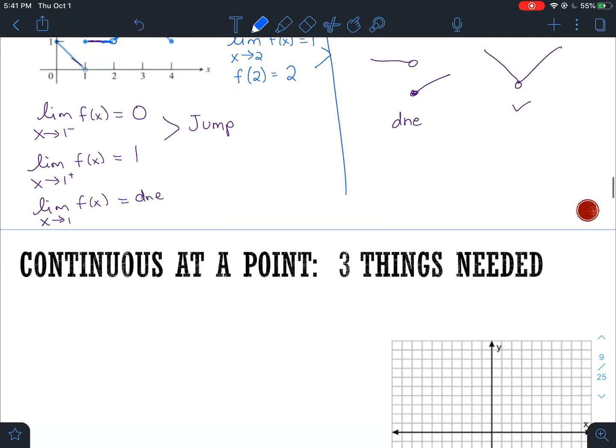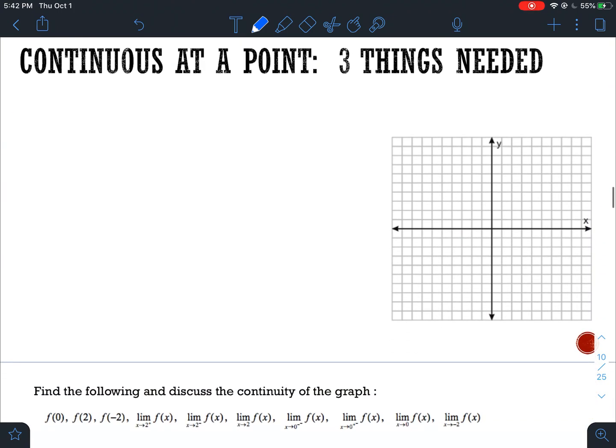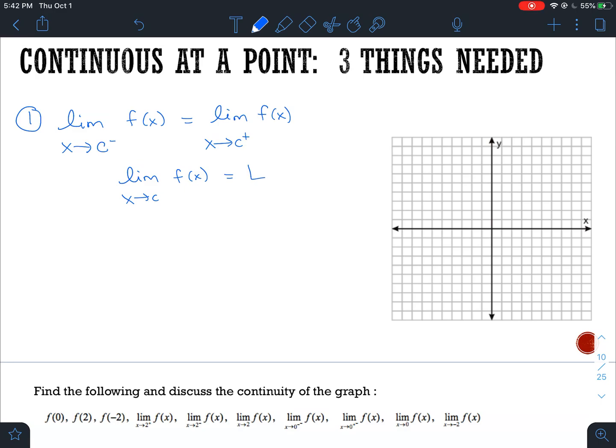So for a function to be continuous at a point, 3 things need to happen. First, the limit as x approaches that x value from the left has to be the same as the limit as x approaches that x value from the right, which means that the limit as x approaches c exists.